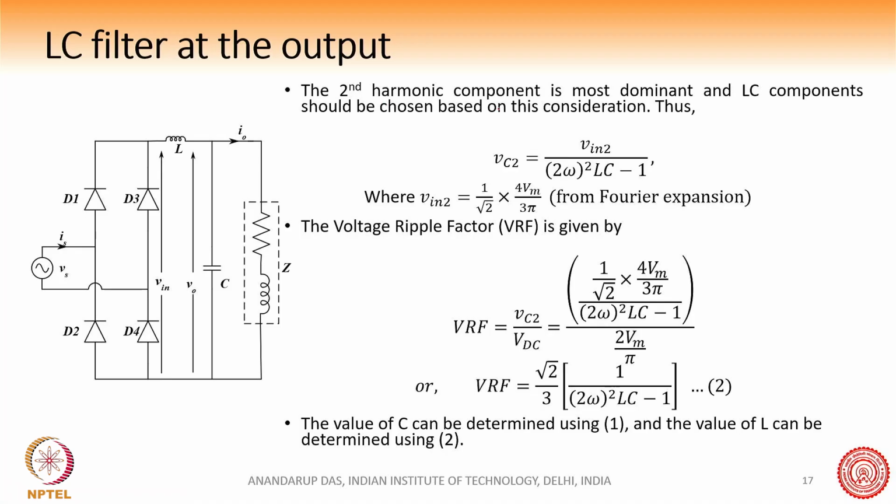For example, if you take the second harmonic component, if you are designing the LC components based on the second harmonic, what is VC2? The second harmonic component of the capacitor voltage is Vin2, where Vin2 means the second harmonic component in the input voltage, divided by 2 omega whole square LC minus 1, coming from the previous equation.